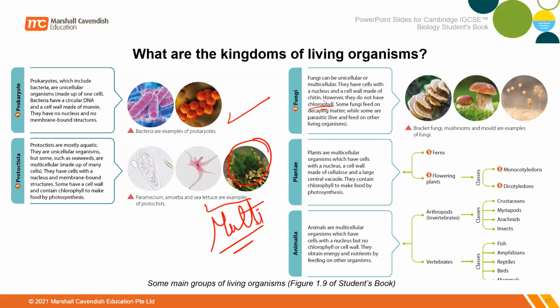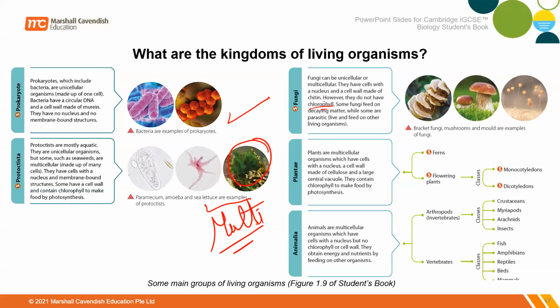Plantae, or kingdom plants. Starting from here, kingdom plants are multicellular, and I think it's easy to mention some characteristics of the living organisms belonging to this kingdom because plants are around us. These organisms have a cell wall with a nucleus, a cell wall made of cellulose, and a large central vacuole.